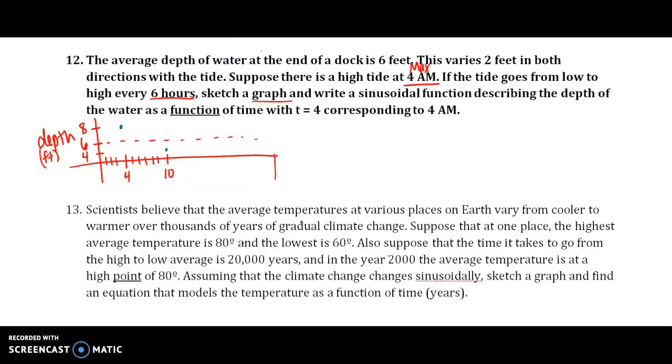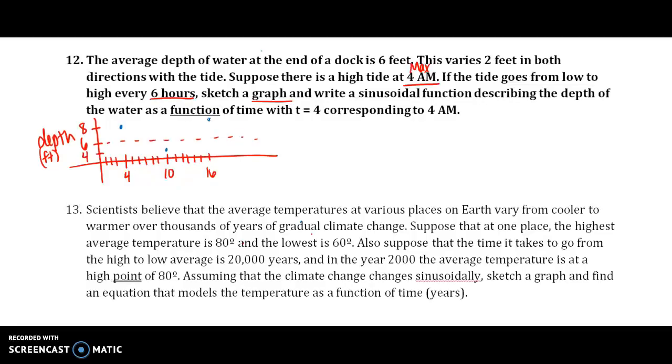So if I keep going here, it'll be back up at the max in 6 more hours. So that's 10, 11, 12, 13, 14, 15, 16. It'll be back up at the maximum. Okay, so that's what we have to look at so far.